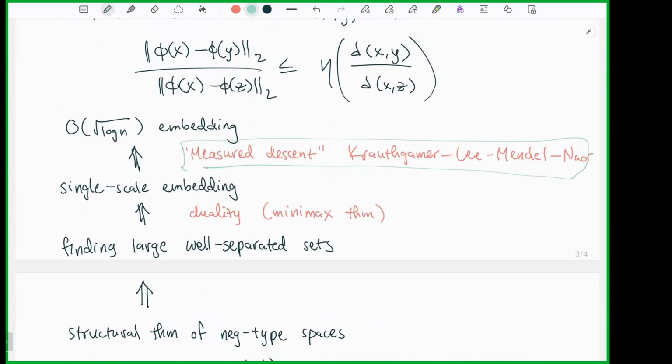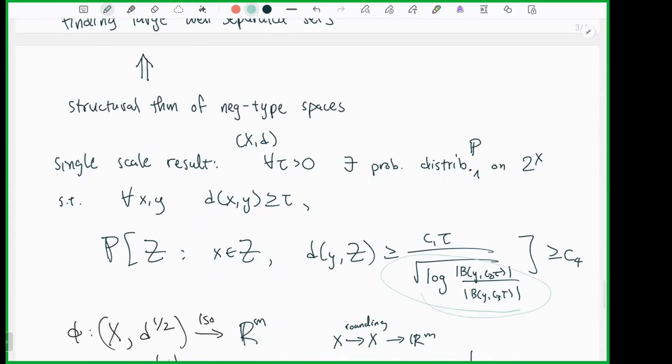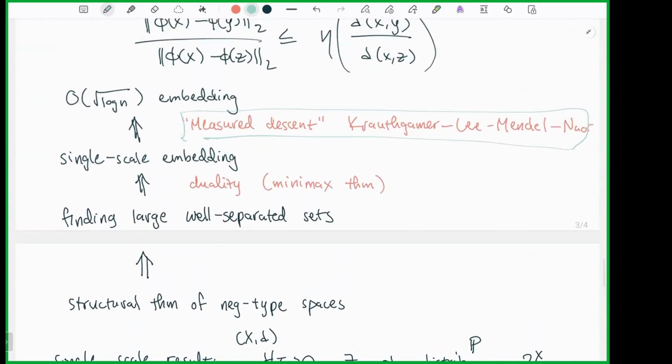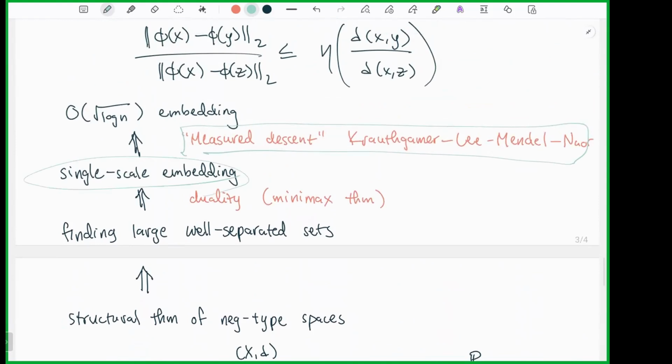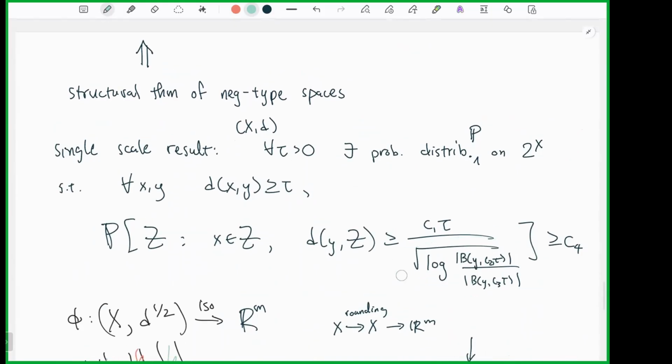When you apply it with the square root log n for the single scale embedding, and you try to go from this step with a square root log n to here, you pick up an extra log n. I see. But yes, it was already known before. Now this gets rid of this extra term. Yeah, I think it was already known by these people that if you were to prove some kind of result like this, then this would imply that, because it's the same argument.